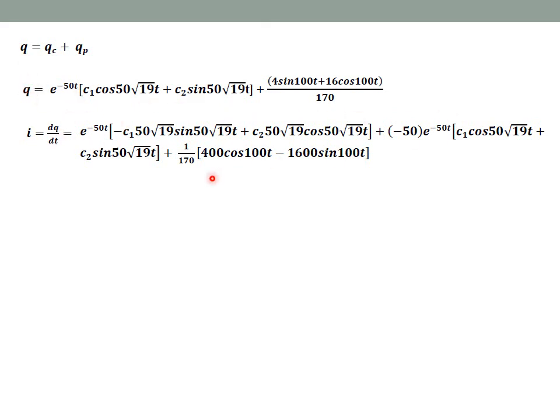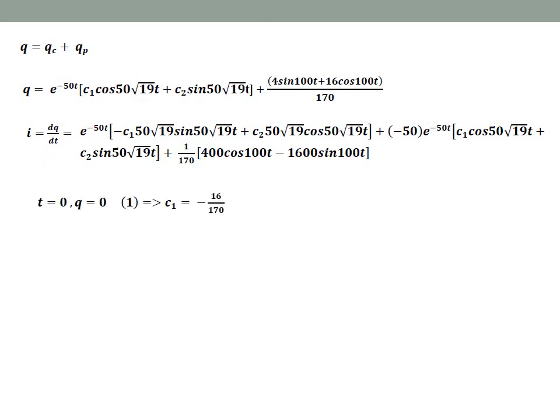Same steps are repeated here, but one extra term is this last term. So 1 by 170, differentiation of sine is cos 100t into 100, so 100 into 4 is 400. Differentiation of cos is minus sin 100t into 100, so 16 into 100 will give me 1600. Just differentiate it. Now we'll apply the conditions.